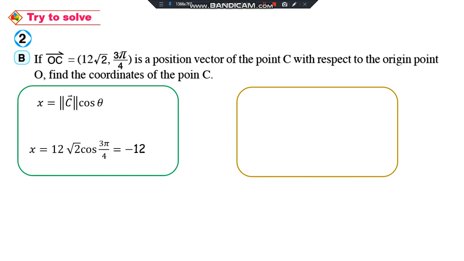So x equals 12 root 2 multiplied by cosine of the angle 3 pi over 4, and we substitute by 180. So x equals negative 12. If you want to find the y coordinate, we can use the rule, which is the norm of C multiplied by sine theta. So 12 root 2 multiplied by sine 3 pi over 4, which is equal to 12. So the coordinate of C will be negative 12 and 12.